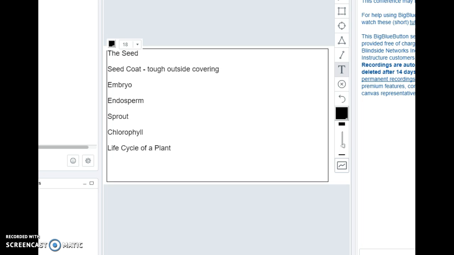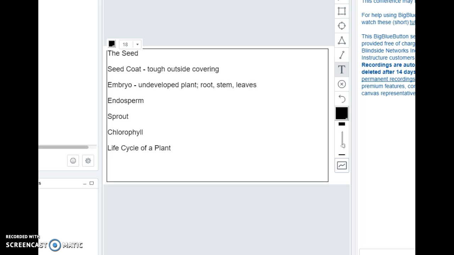Inside of our seed coat, we have what is known as the embryo. This embryo is the undeveloped plant that is protected by that seed coat. It does consist of a root, a stem, and 2 seed leaves.